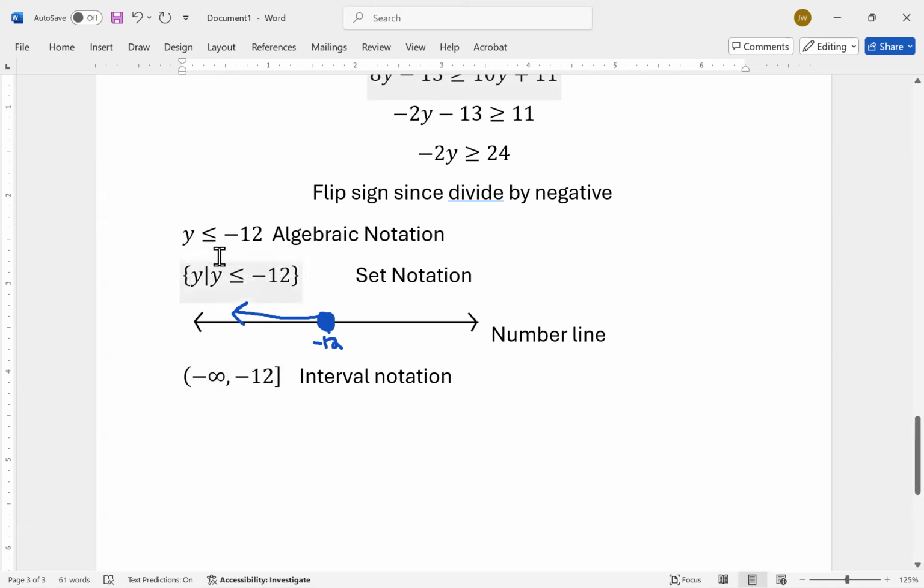Notice that when we have the equality symbol, then we have a closed circle and a square bracket on that number. When we don't have the equality symbol, we have an open circle and a parentheses on that number. And infinity and negative infinity always have a parentheses on those sides.